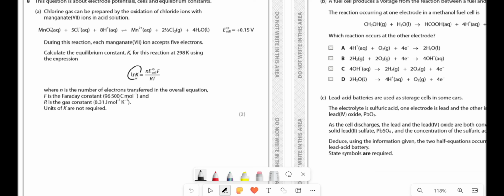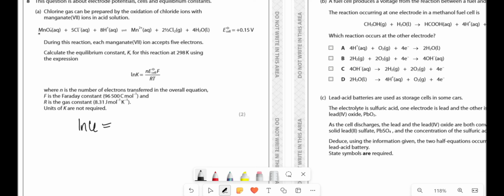So they've told you that lnK is the equilibrium constant that we're looking for, but it's ln, and they're asking you for K. n is the number of electrons transferred in the overall equation. E cell they've given us, and F is the Faraday constant. So lnK is going to equal, well, they've told you that each manganate ion accepts 5 electrons, right?